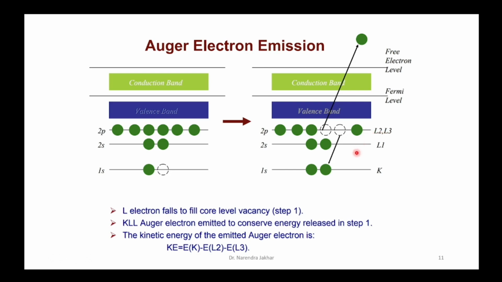So this peak is identified as KLL. This is coming from an LL level electron to the K shell electron. So this energy will give rise to different peaks, and these peaks are known as Auger electron peaks in the XPS spectrum.